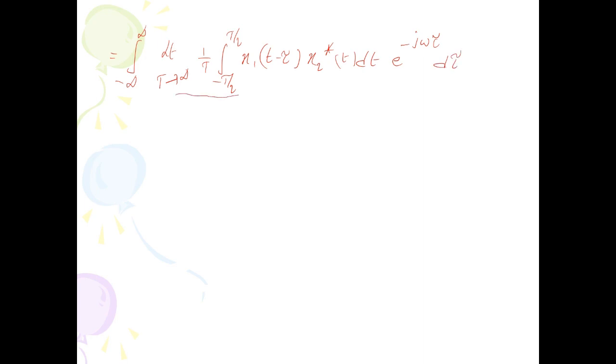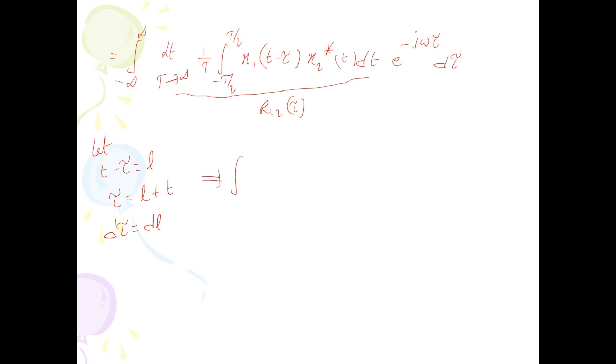This whole thing is R12 of tau. Now let t minus tau equal to L, so tau is equal to t minus L, and d tau is equal to dL.